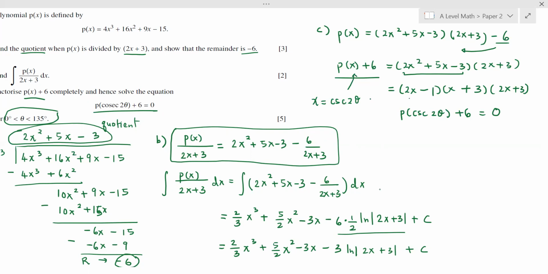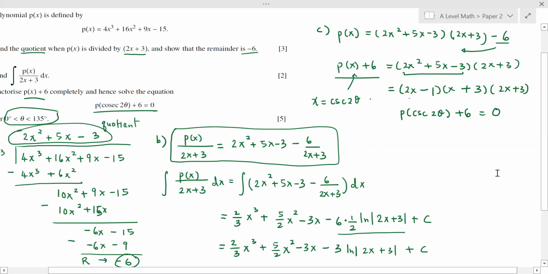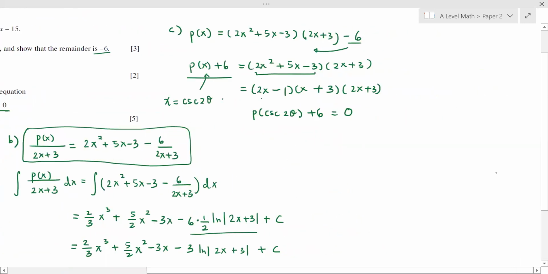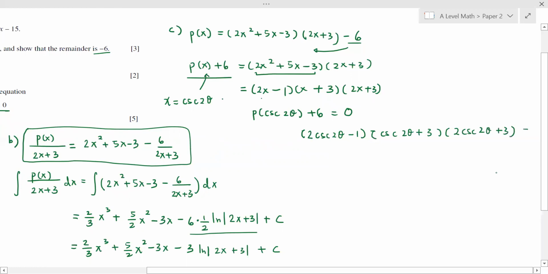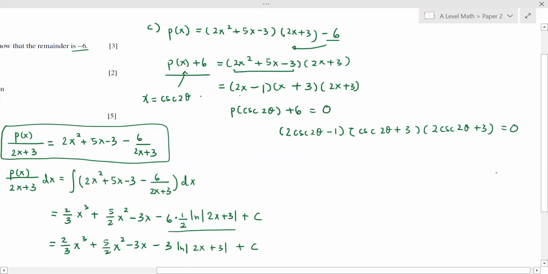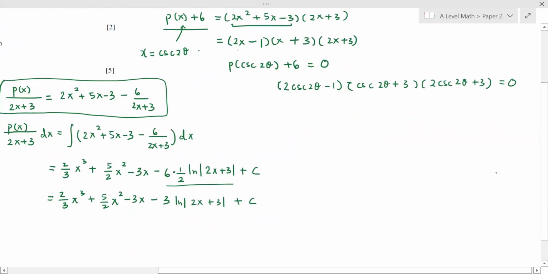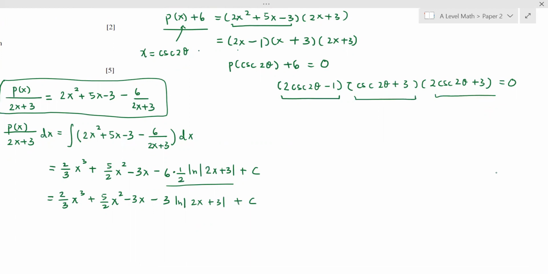Now remember that your answer is between 0 and 135 degrees. So we are setting 2 cosecant 2 theta minus 1 times cosecant 2 theta plus 3 times 2 cosecant 2 theta plus 3 equals 0. This is what we are solving. Setting each linear factor to 0, we have to set each of these to 0.